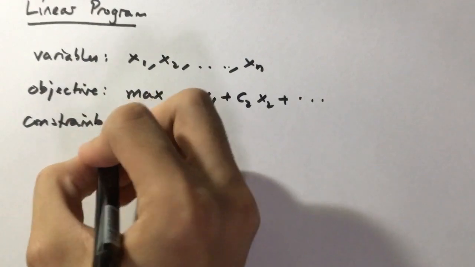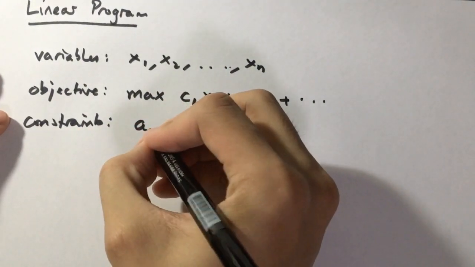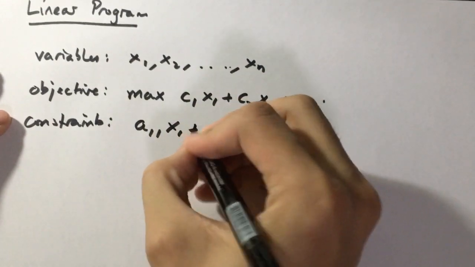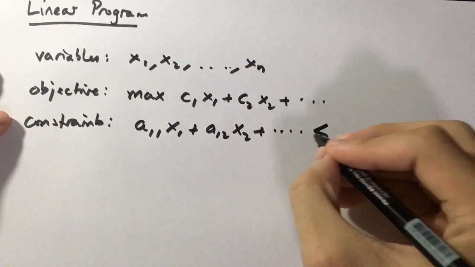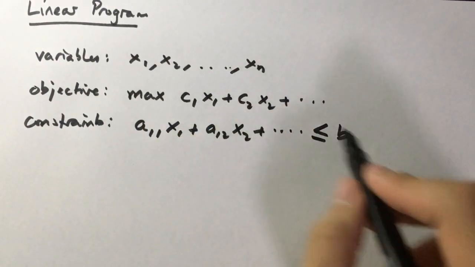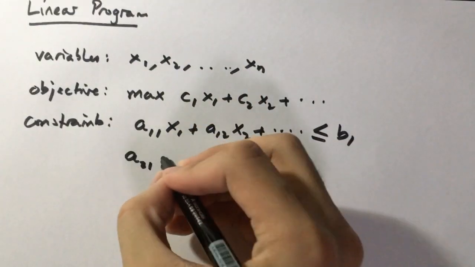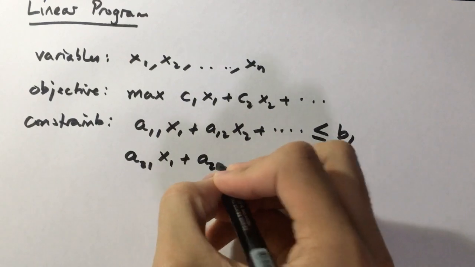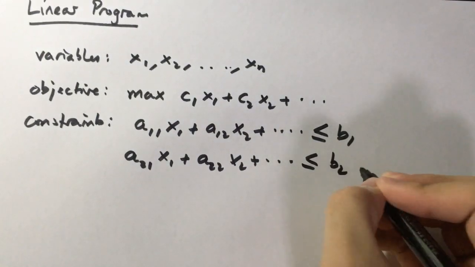The constraints will be in the form of a11 x1 plus a12 x2 plus so on is less than v1, some number, where all the a's, v's and c's are just numbers. But maybe you have more than one constraint. So maybe you have another constraint, a21 x1 plus a22 x2 plus so on, again less than v2, right?